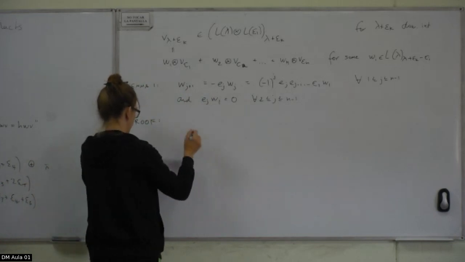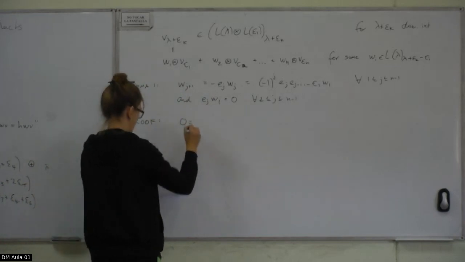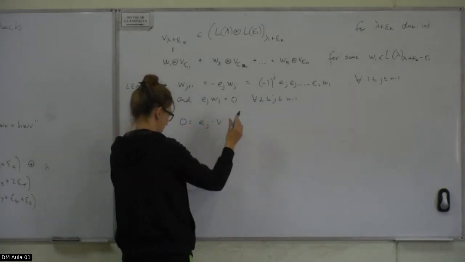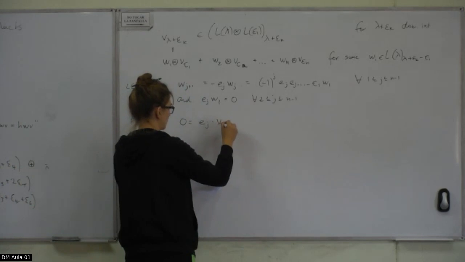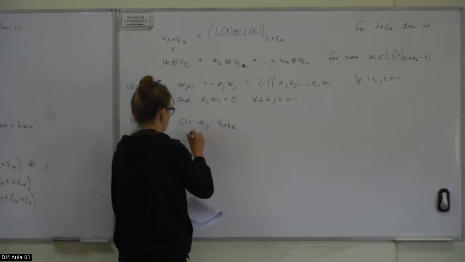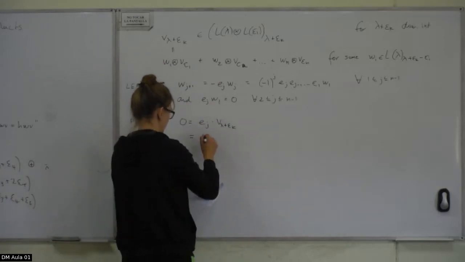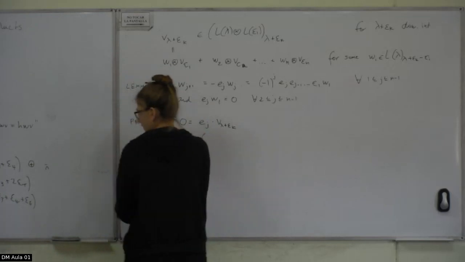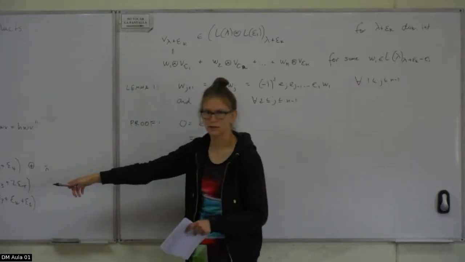So we have that 0 is E_j applied to our v lambda plus epsilon k, which we chose to be of that form. By this whole product, let's first always apply E_j in the first tensor factor and then always in the second tensor factor.